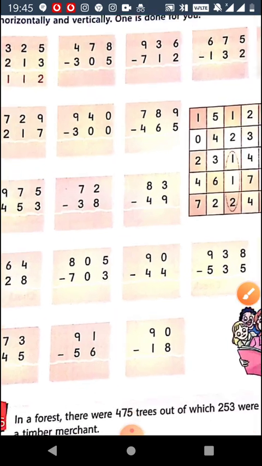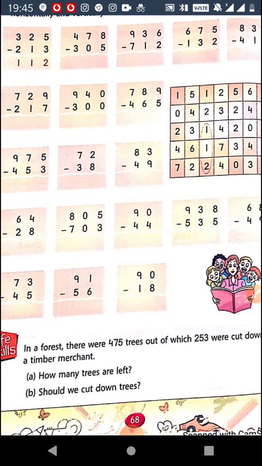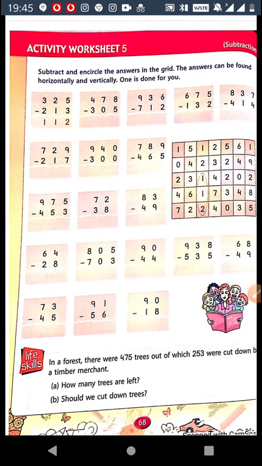Now, life skills. Life skills, as I told you, means the skills which help you in your day-to-day life. If you go to the market, to the shops, and your mother wants to buy some vegetables, you go to a greengrocer, you buy the vegetables and he adds the money and tells you the total amount which you have to give.